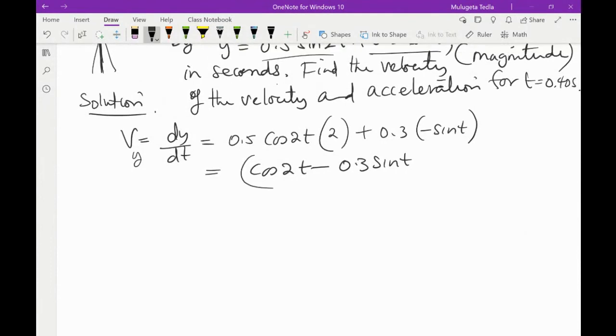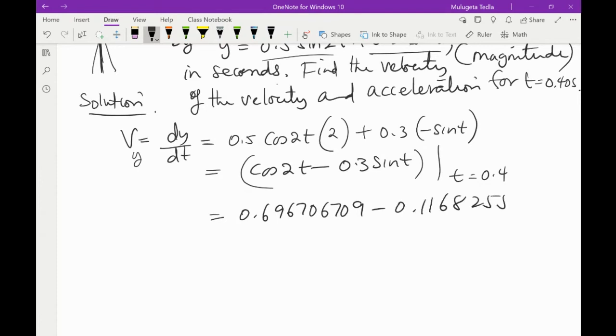Then if they want to know the velocity at t equal to 0.4, we just have to fix our calculator on radian measure, and then do cosine of 2 times 0.4. Okay, I got 0.696706709, minus 0.3 times sine of 0.4, which is 0.1168255502.